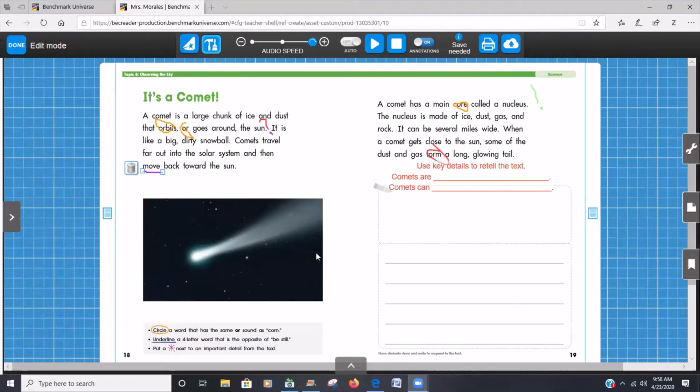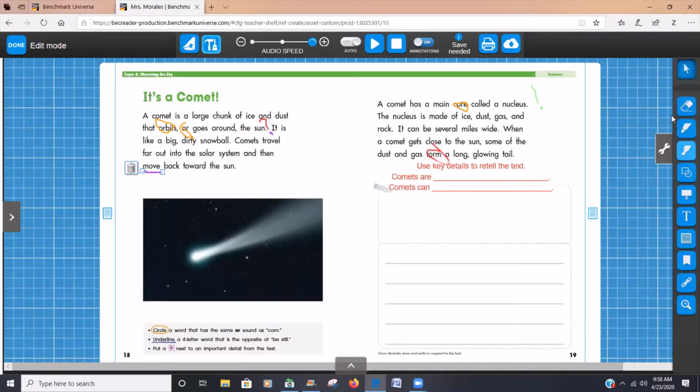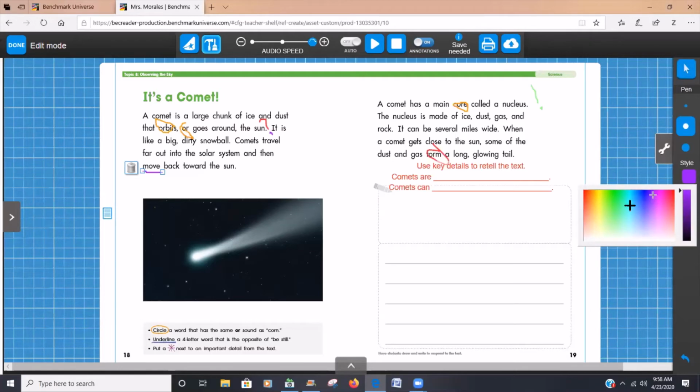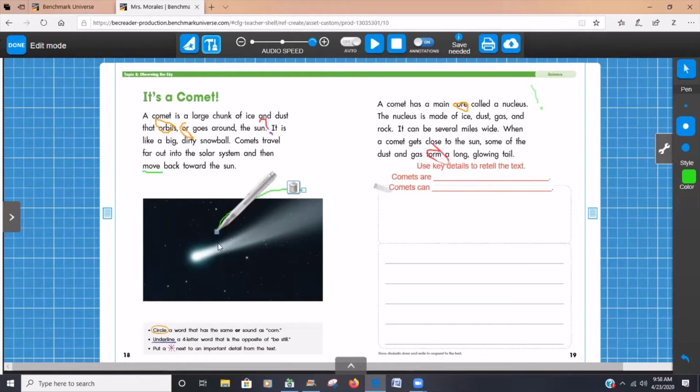Okay, now let's go back and let's look at the illustration that we have right there. Okay, this is a comet. It says it has a long glowing tail. So this is the long glowing tail right there.